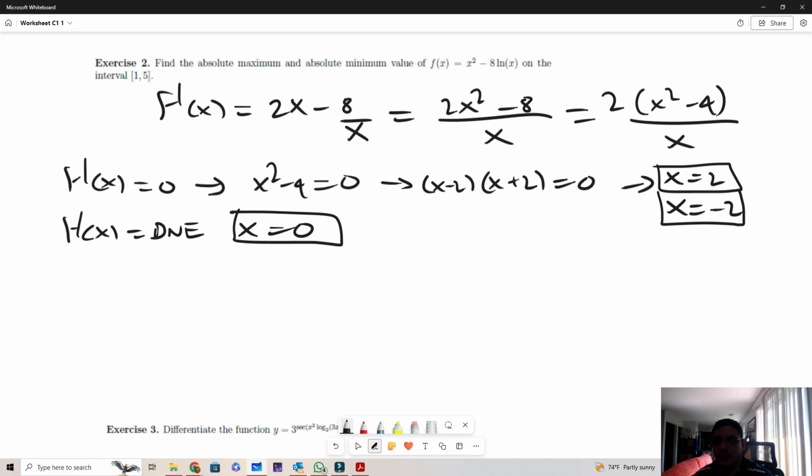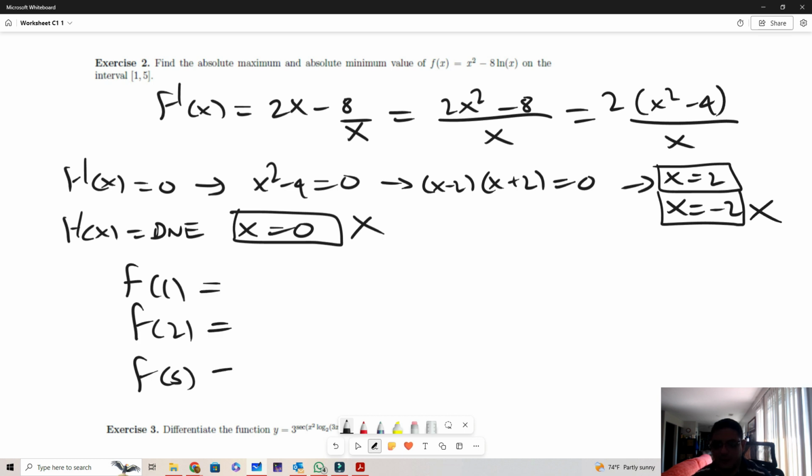But if we pay attention, we are in the interval 1 to 5, so we're really not going to care about -2, and we're really not going to care about 0. So the only values I should care about are 1, 2, and 5, since 2 is the critical point inside the interval, and I'm also taking the edges.